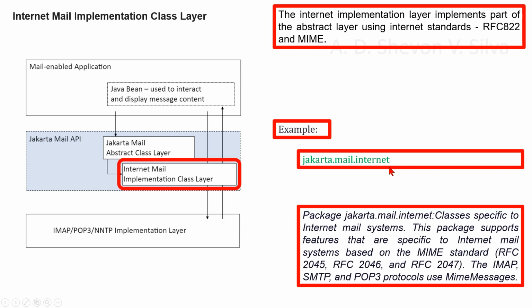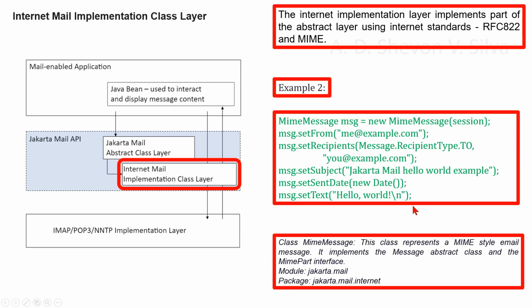The IMAP, SMTP, and POP3 protocols use MIME messages. As example 2, we can consider this code segment. Here the class MimeMessage represents a MIME style email message. It implements the Message abstract class and the MimePart interface. This is in the module Jakarta.mail, and this is in the package Jakarta.mail.internet.